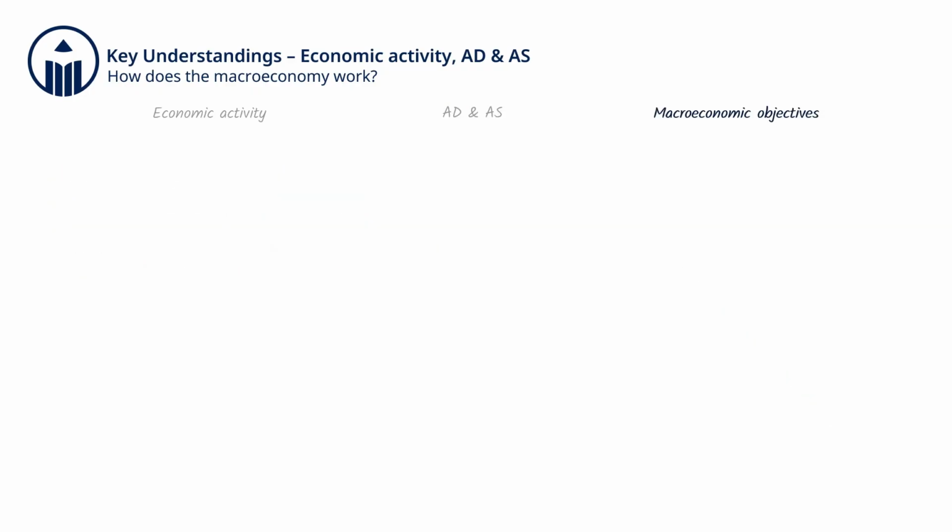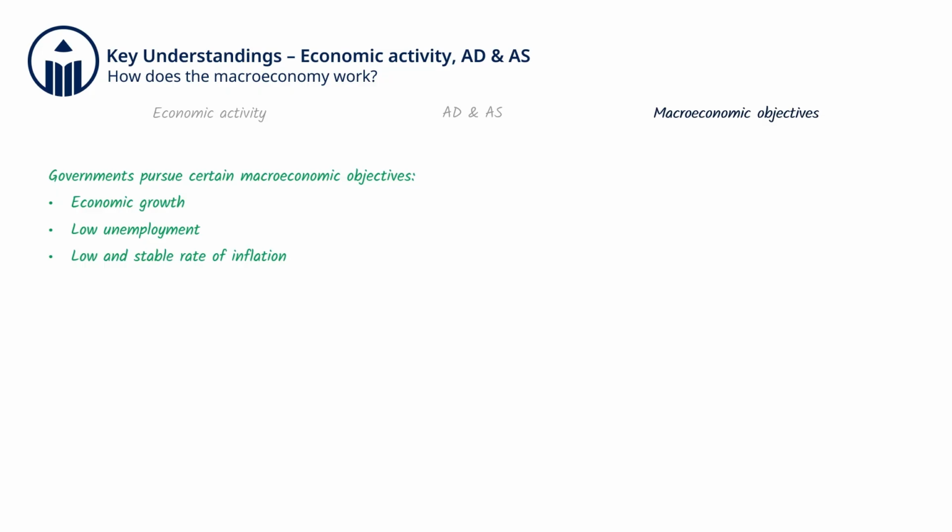Since economic activity varies over time, and these variations have serious consequences for households and businesses, governments pursue certain macroeconomic objectives to help smooth out these variations in economic activity. The main objectives are economic growth, low unemployment, and a low and stable rate of inflation.